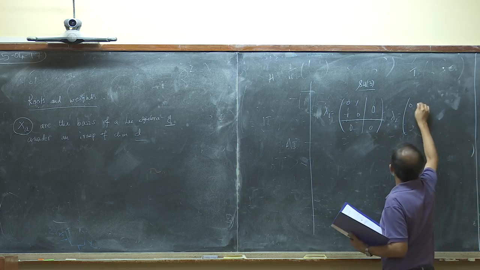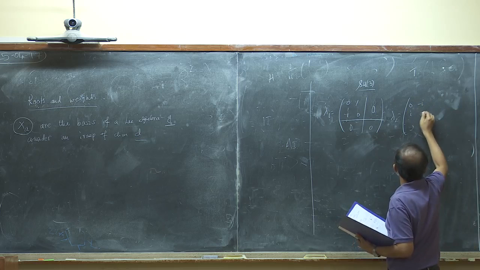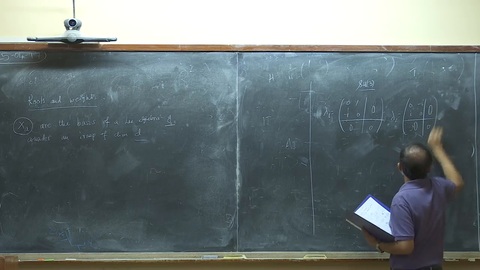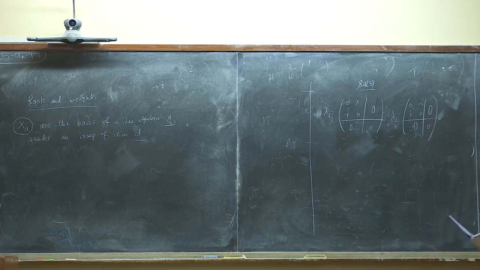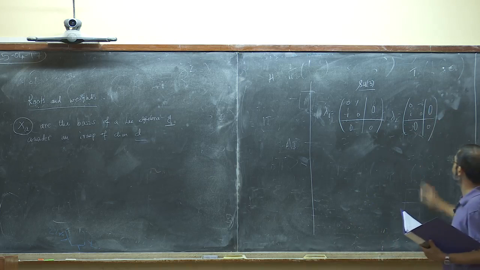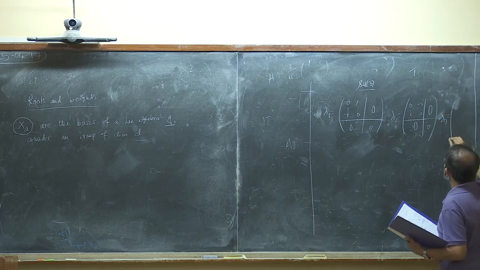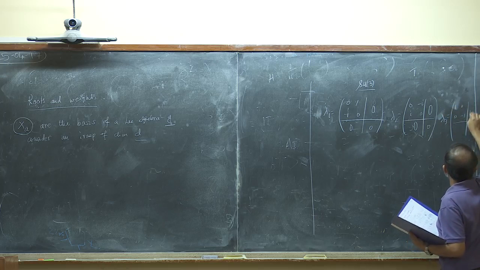So that's 0, minus i, 0, 0, 0, 0, here. This 0 is a 2 by 1 zero, and this 0 here is a 1 by 2 kind of zero. And then of course lambda 3 would be 1, 0, 0, minus 1. That's the 2 by 2 block, and the rest is trivial.